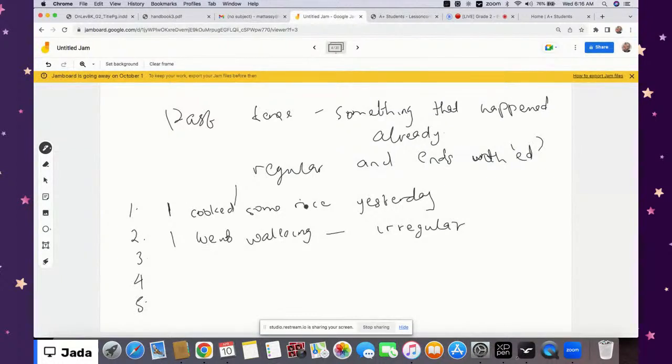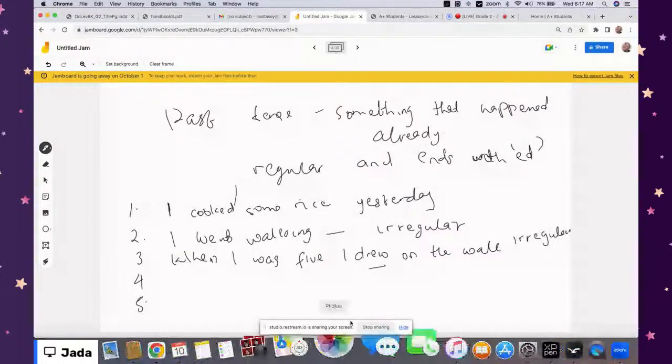Now, when I was 5, I drew on the wall. Now, drew here also is an irregular past tense. Okay? This is also irregular.